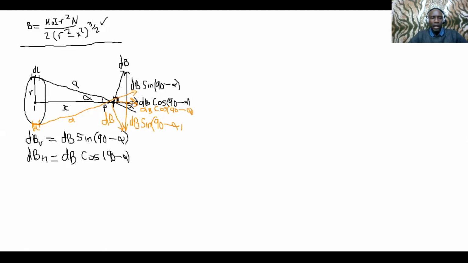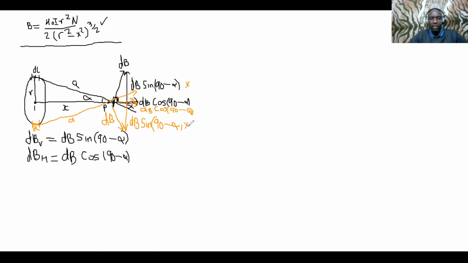Now in this diagram you may note something. Horizontal components are directed in the same direction, but vertical components are directed in the opposite direction. Therefore, since vertical components are opposite, they are going to cancel each other.